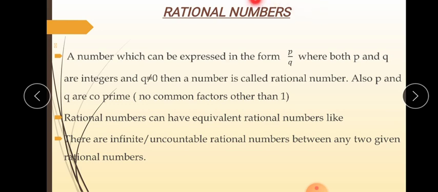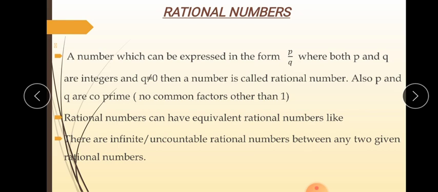Now the very important topic which we are going to learn in detail in this chapter is rational numbers. So what do we mean by rational numbers? Let us go to the definition. A number which can be expressed in the form of p by q.